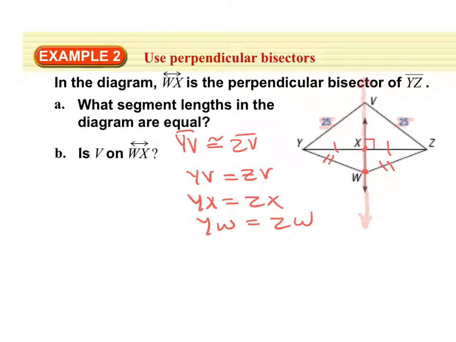Now, it's asking me, is V on WX? The way that we can tell that V is on that perpendicular bisector is because V is equidistant from the endpoints.